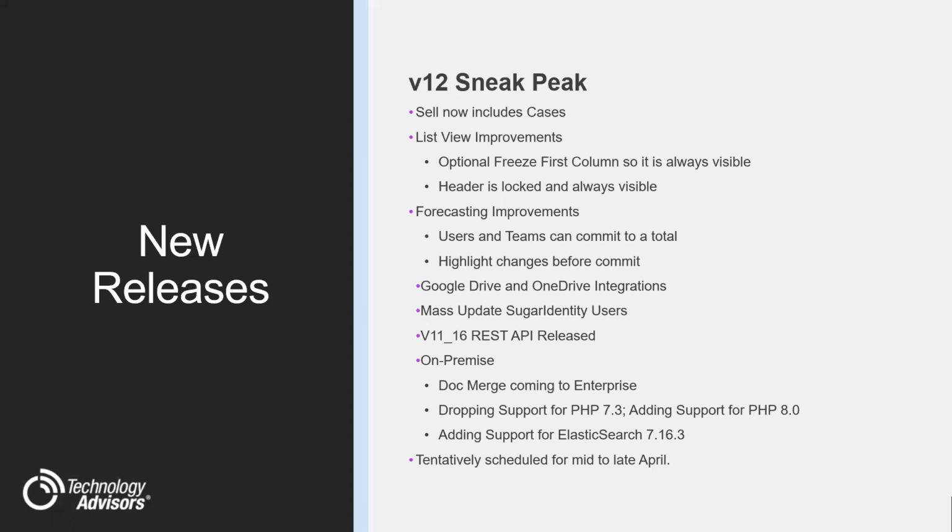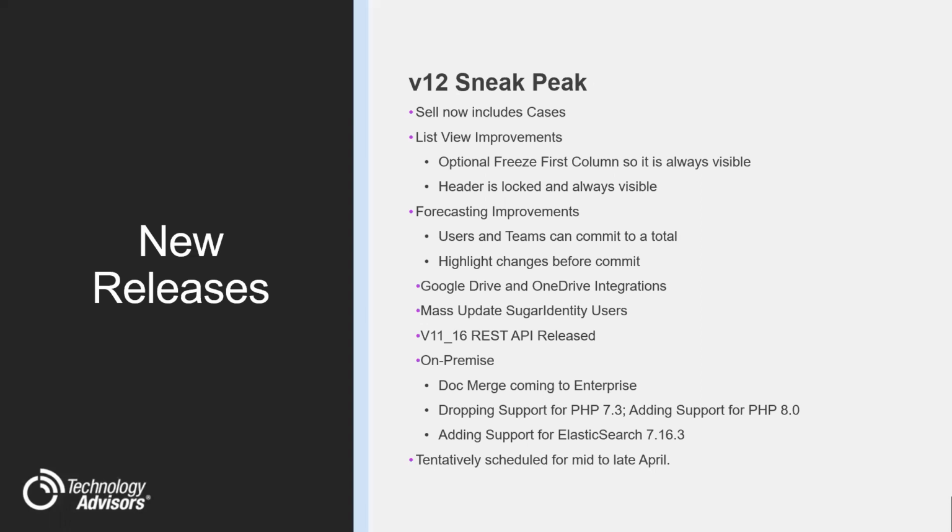East versus West can have their own forecasts, and it will actually highlight and show you what you're committing to before you commit to it. There will now be a Google Drive and OneDrive integration, and that I think will become pretty useful since we've had a lot of people reaching their storage limits on the Sugar hard drive usage. So those could be really useful to a few people.